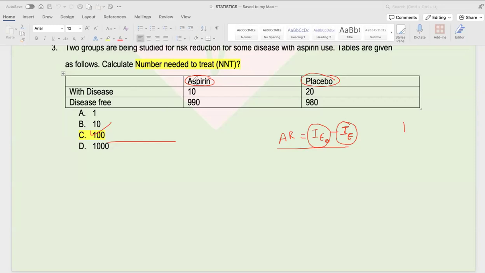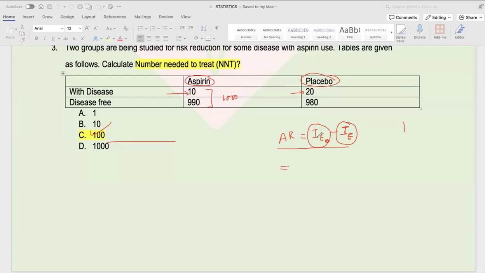You can see that among people who took aspirin, only 10 people got, let's say, a heart attack or a stroke. And among people who did not take the aspirin, 20 people got the disease. Out of what? The total number of people is 990 plus 10, out of 1,000 people, 10 people got the disease. So now we can do the math.